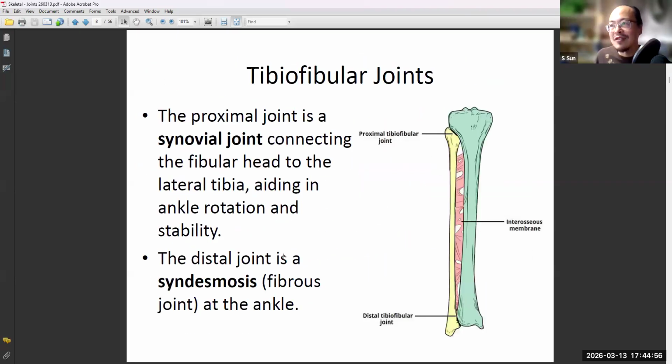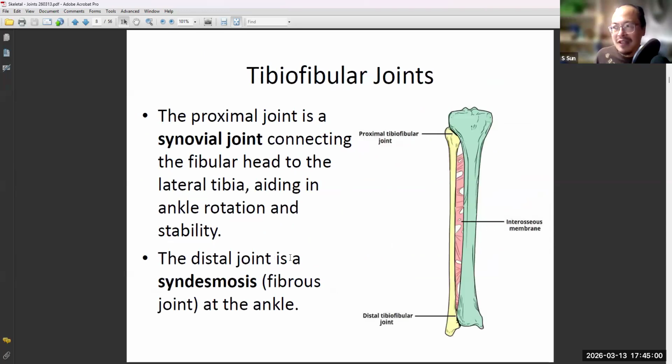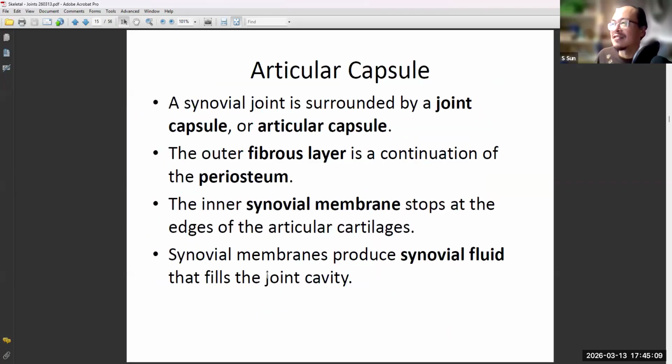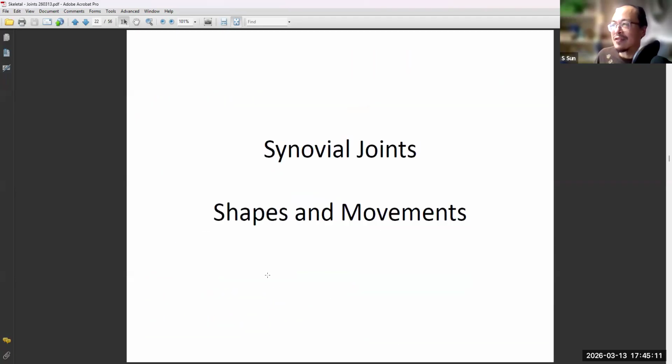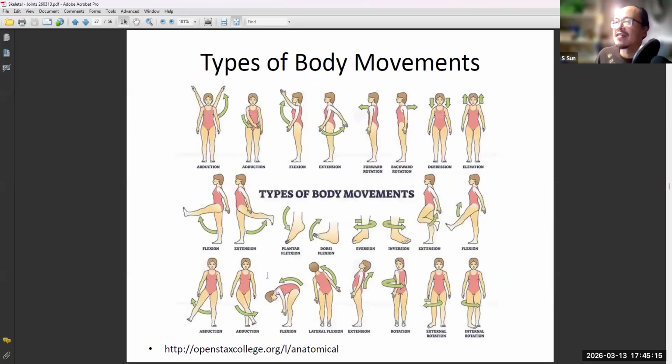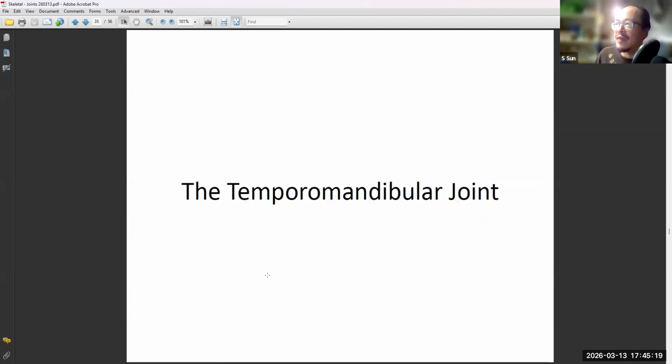We already have some examples right here. We touched on and introduced a little bit about different joints. But this is the one that we are going to look into more in depth, right? So this is the temporomandibular joint.